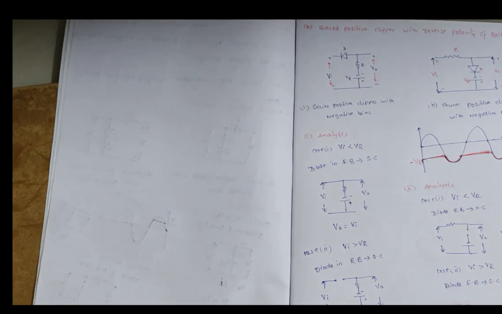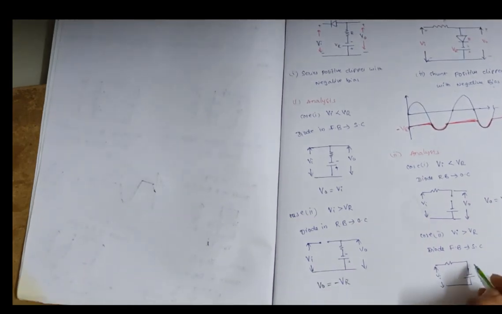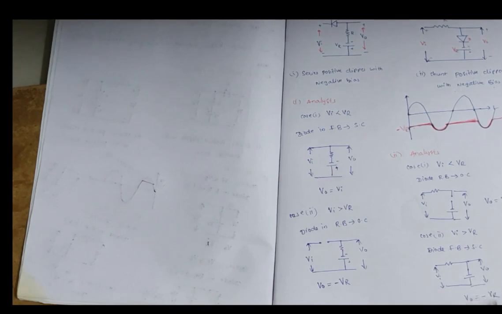We can draw the equivalent circuit like this. This is Vi, this is V naught. From this, V naught equals minus VR only. So from this we can draw the output waveform.